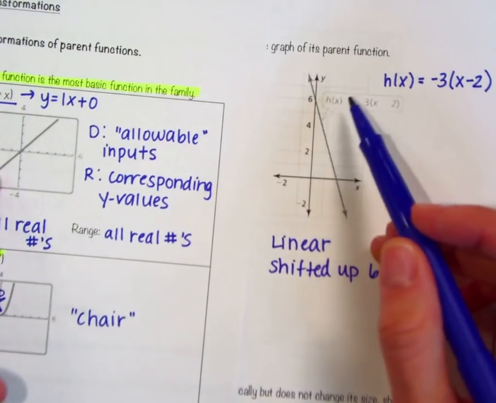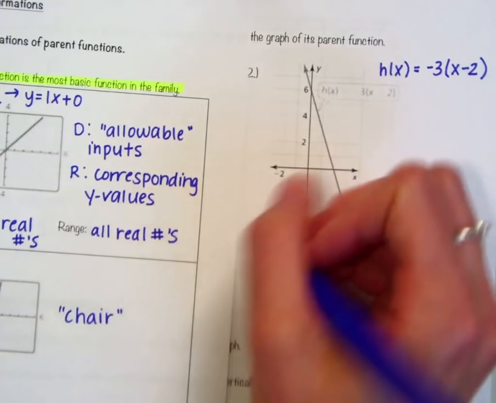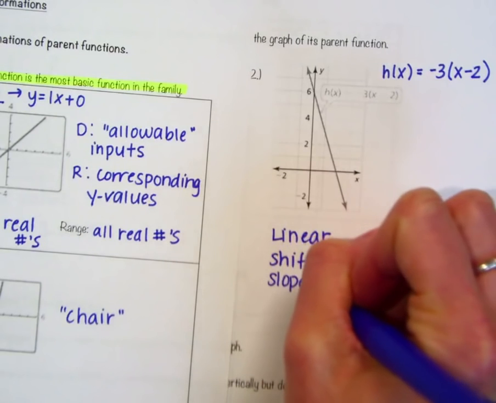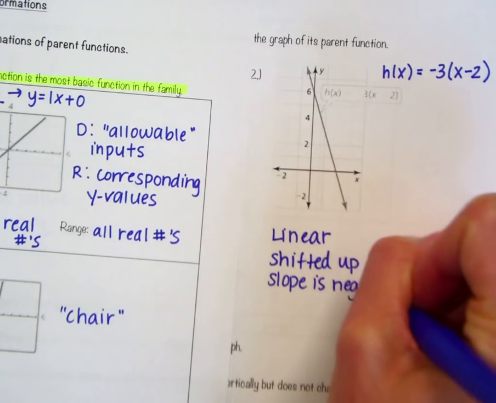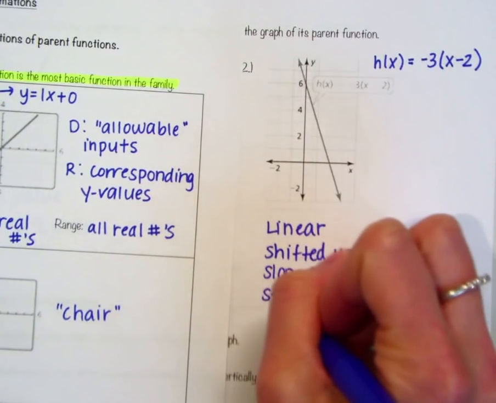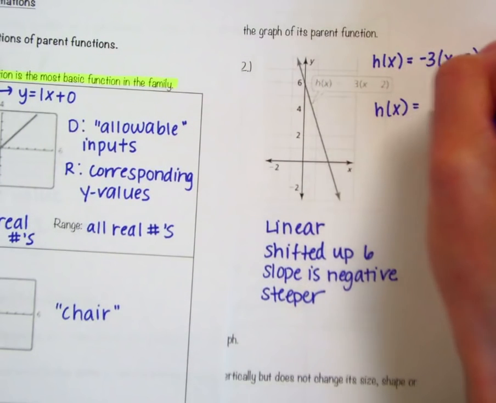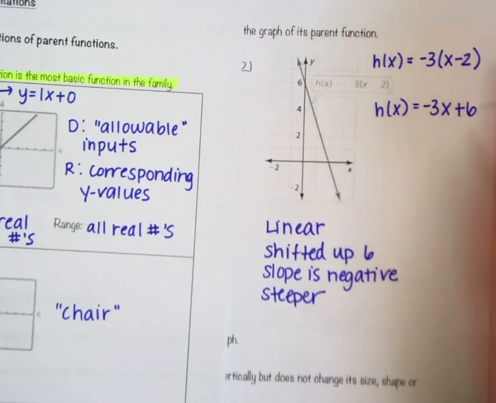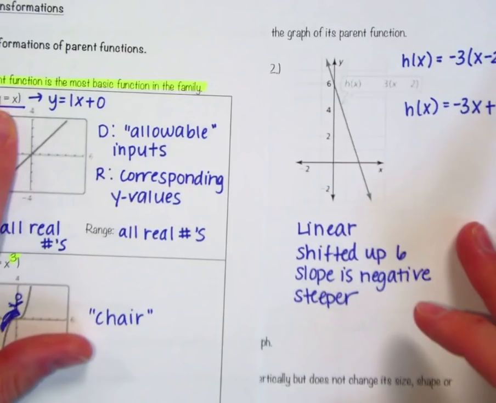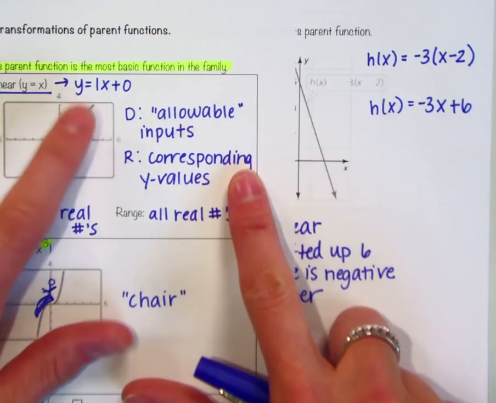And what else is different? The direction is different. This goes up and to the right. This goes down. And the line looks a lot steeper. Okay, so let's distribute this through and just kind of, again, we'll piece some things together. So when I distribute that -3, I get -3x plus 6. So when I compare this equation to the equation of the parent function, okay, what's changed?